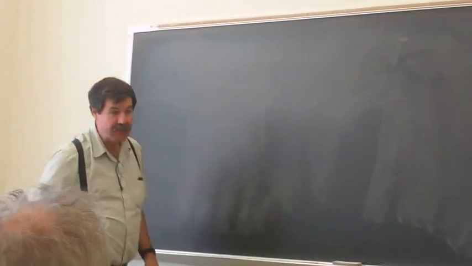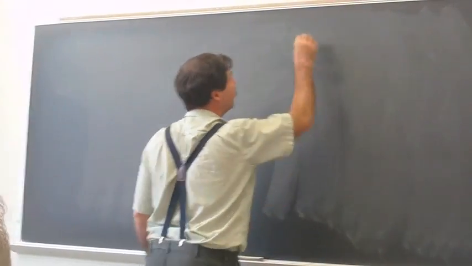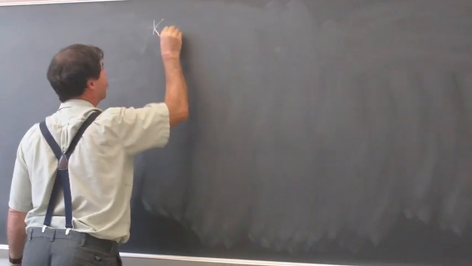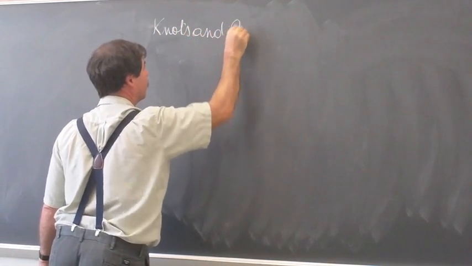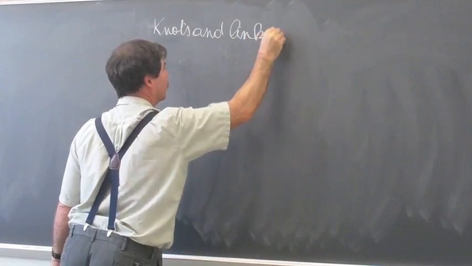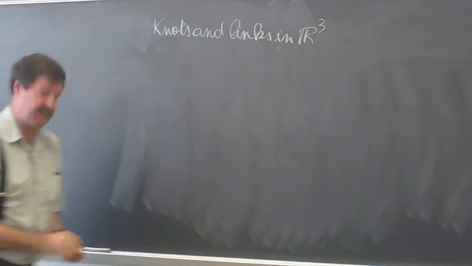And now I'm going to talk about something completely different, which is the Kauffman bracket. So it's a completely different area of mathematics where you consider knots and links in R3, in 3-dimensional space.